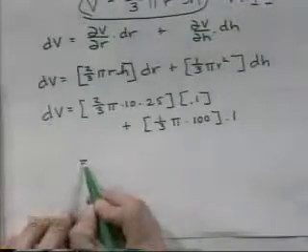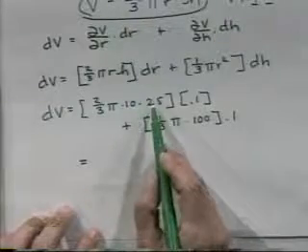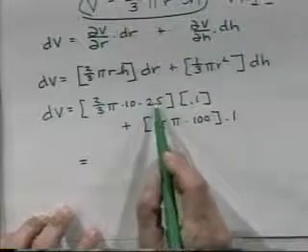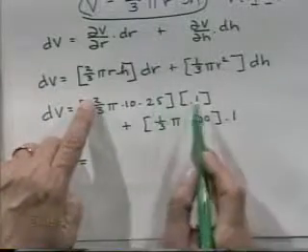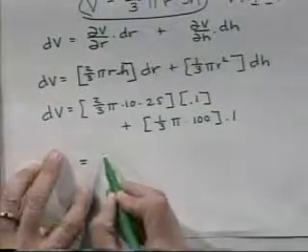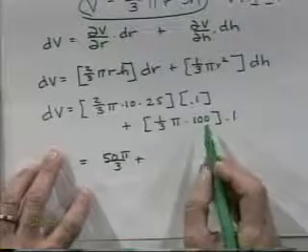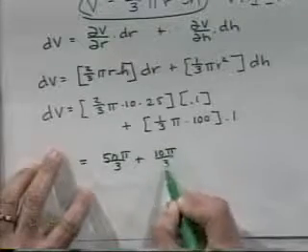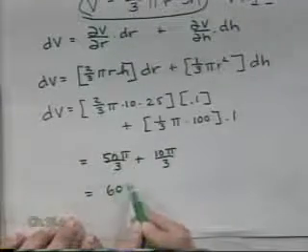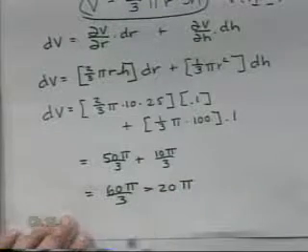So let's see, before I do anything: 10 times 25 is 250. 250 times 2 is 500, times a tenth gives me 50. 100 times 0.1 is 10. So it looks like I have 60 pi over 3, which is 20 pi.